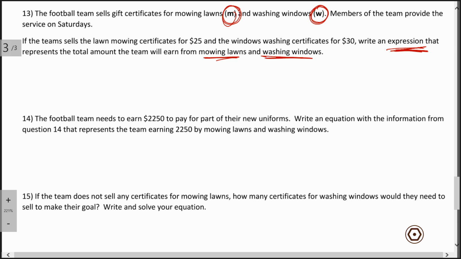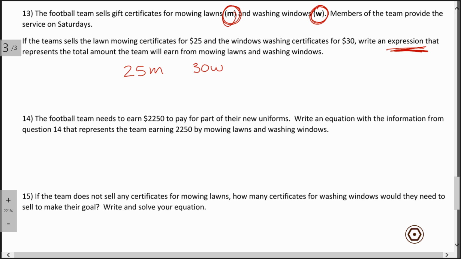So if M is the number of lawn mowing certificates I've sold, 25M certainly represents the total amount of money I've made from just mowing lawns. Similarly, if I'm getting $30 for each time I wash the windows or sell a window washing certificate, then 30M, I'm sorry, 30W for window washing. 30W equals the amount of money that I've earned from washing windows.